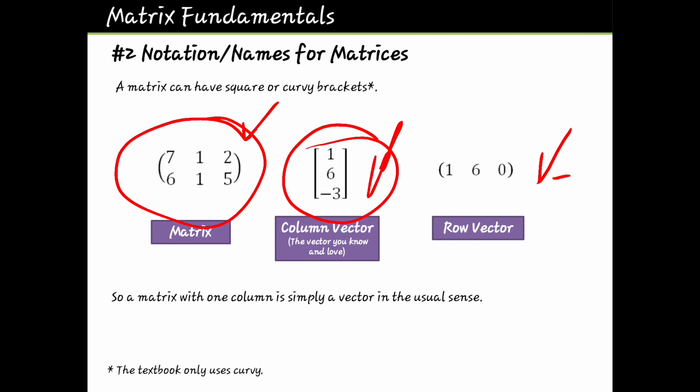Then this one is a column vector, and this one is a row vector. Why call it a row vector? It has 1 row, and this one is called a column vector because it has 1 column. Meaning our matrix here is composed of vectors, both row vectors and column vectors. So this matrix has 3 column vectors and 2 row vectors.